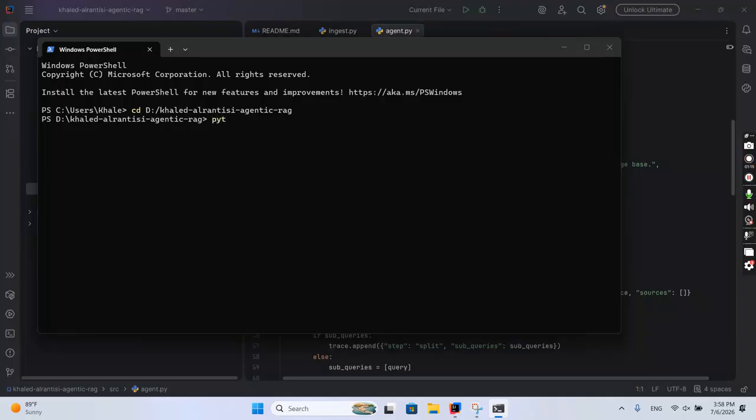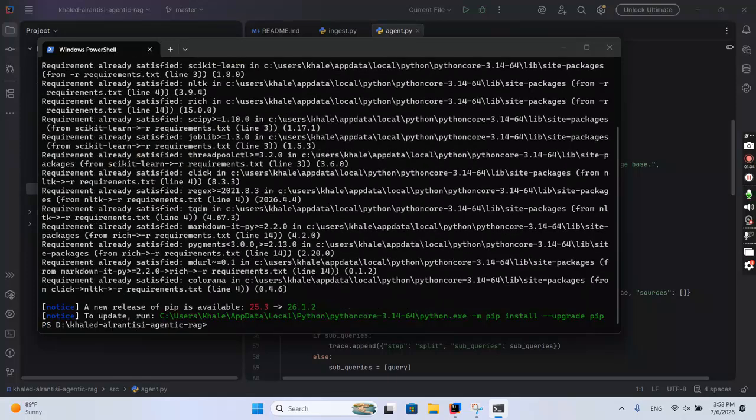Then we will install what the project needs, mainly scikit-learn, which powers the search, and NLTK, which I use for word stemming.